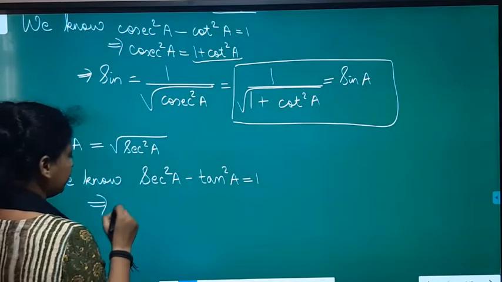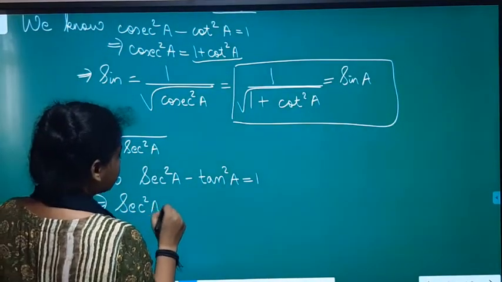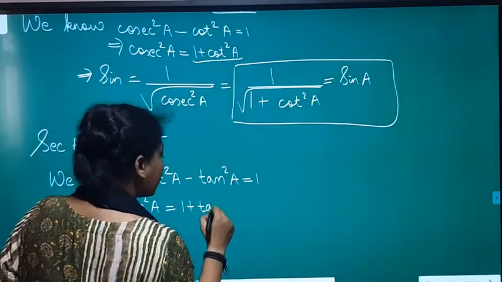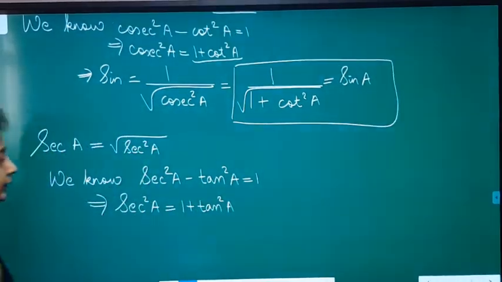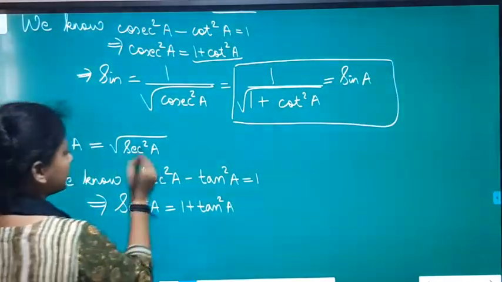So from here we can take the value of sec square A as 1 plus tan square A, and now we can substitute this value here.